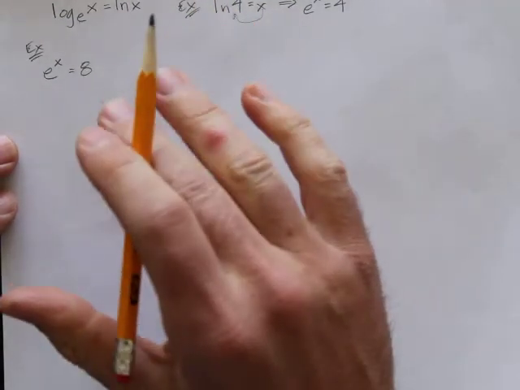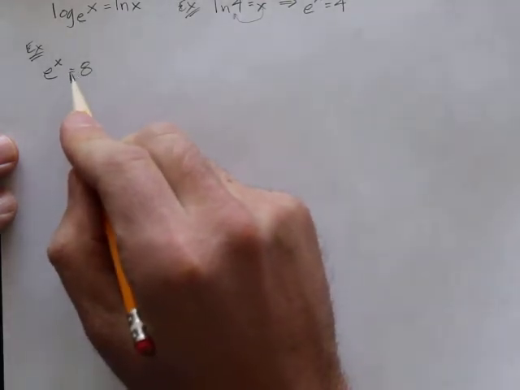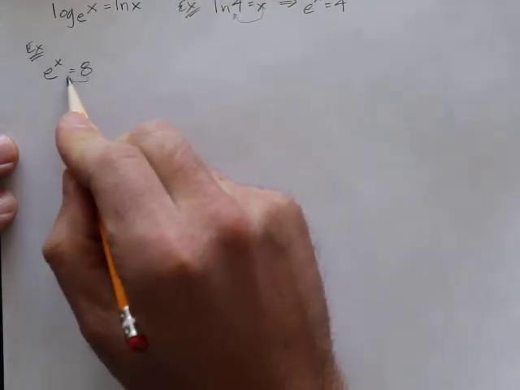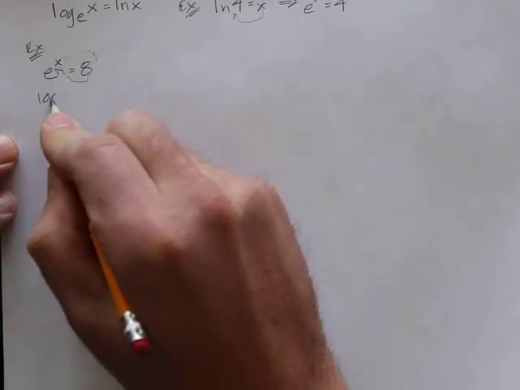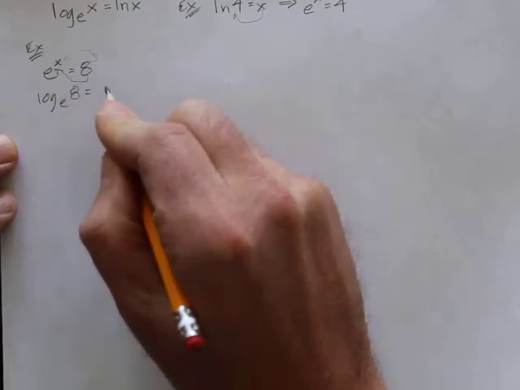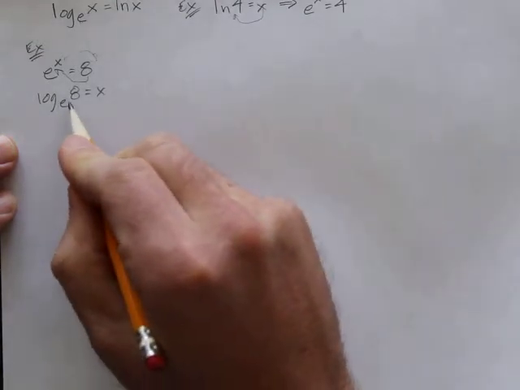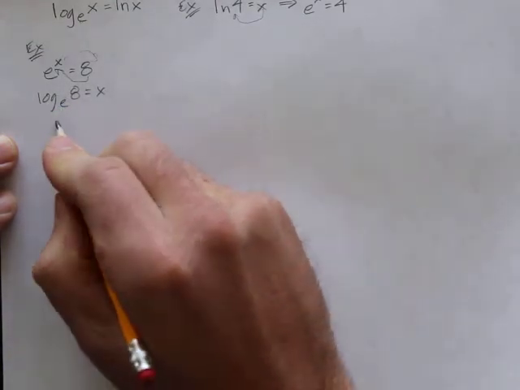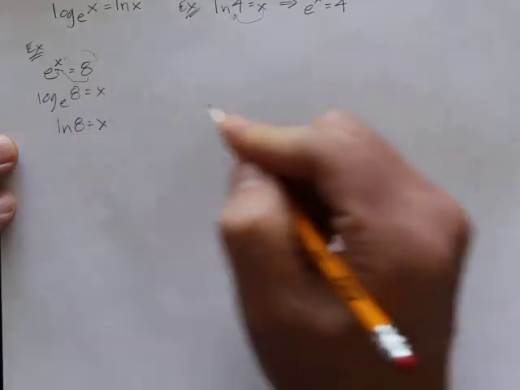We're not solving. Okay. So what we do here is, remember, we take this 8, jam it up in there, the x falls out, and so I have log base e of 8 equals x. The x flops out over there. So instead of writing log base e out, I'm going to write natural log of 8 equals x.